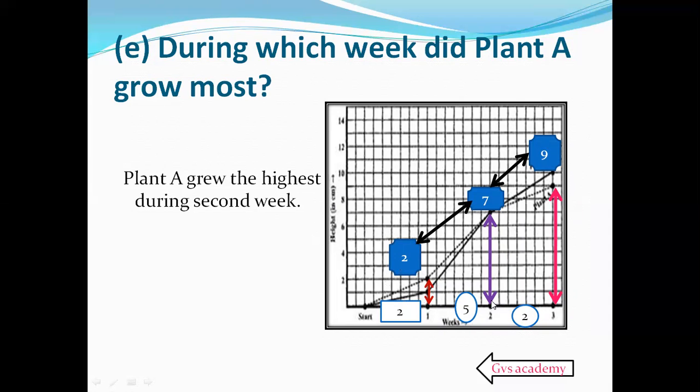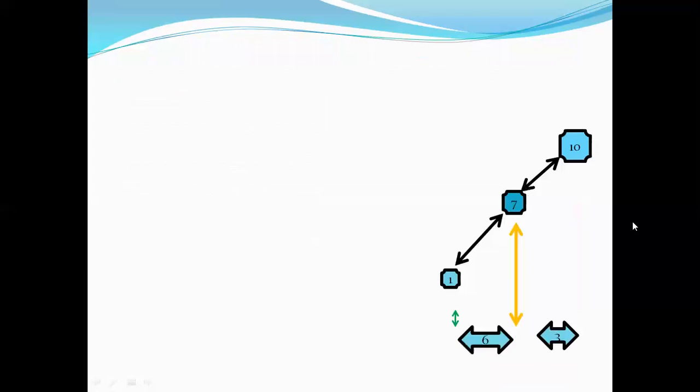At the second week it is 7 centimeter high, and in the third week it has risen to 9 centimeter. Now let me find the difference between these. This difference is 5. Similarly, the difference between 9 and 7 is 2. On comparing these two, which is bigger? 5. So the plant grew the most in the second week. During the second week it grew highest.